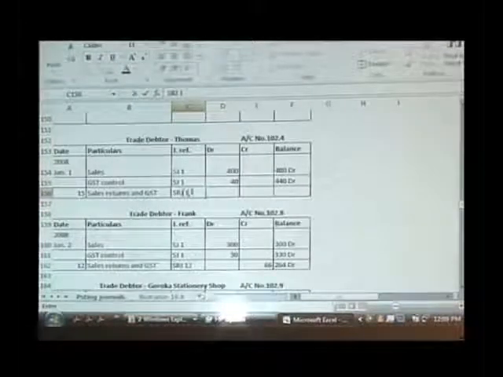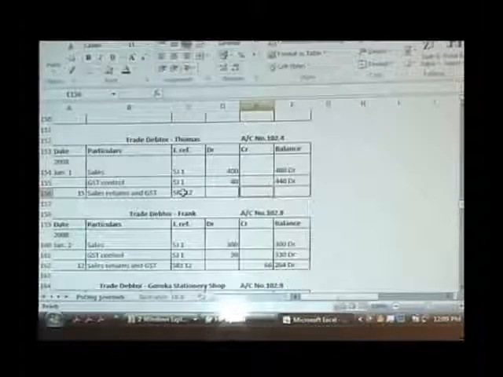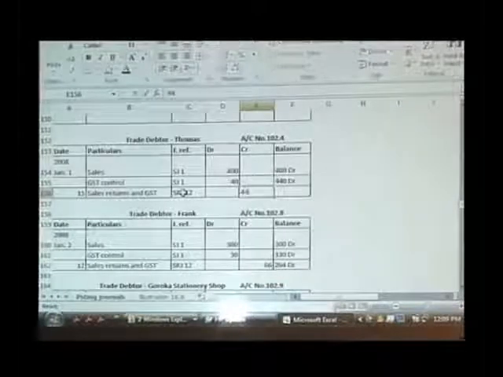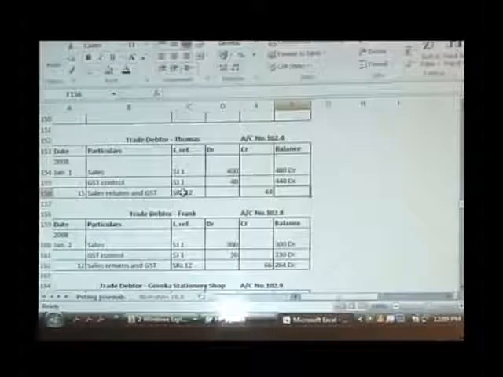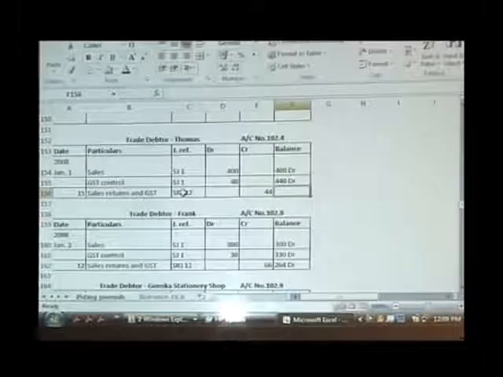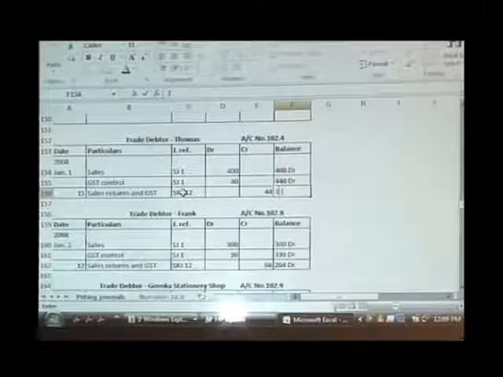Sales returns journal, page number 12. The amount is 44. Then 840 minus 44 is 396 debit balance.